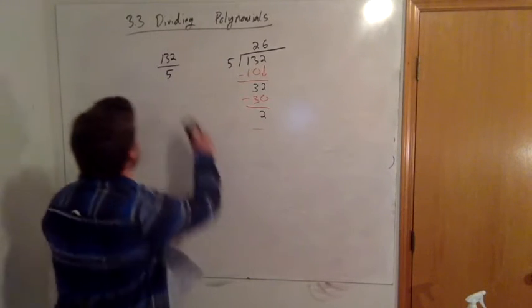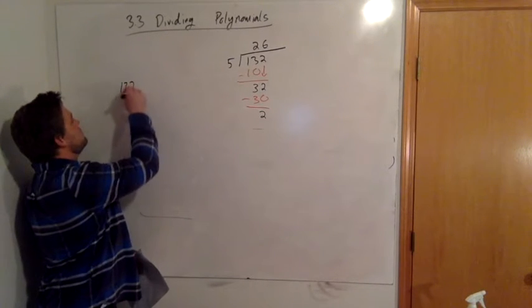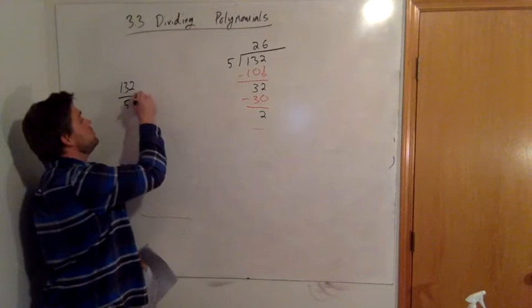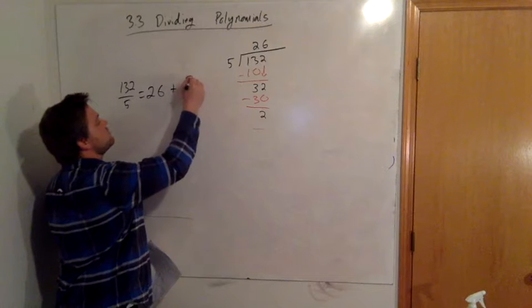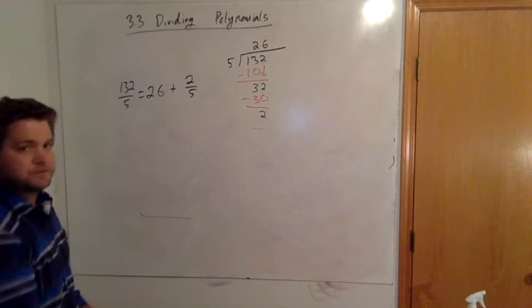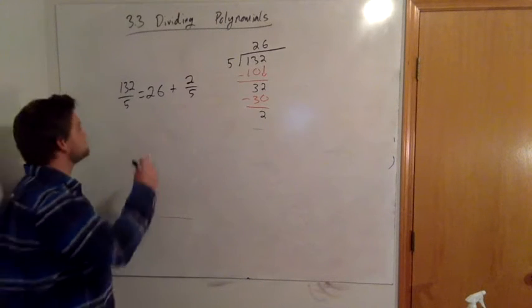So what we have here is that 5 goes into 132 26 times plus the extra 2/5. The rest of the division I couldn't go any further with. So here's some language with the pieces that we have here.